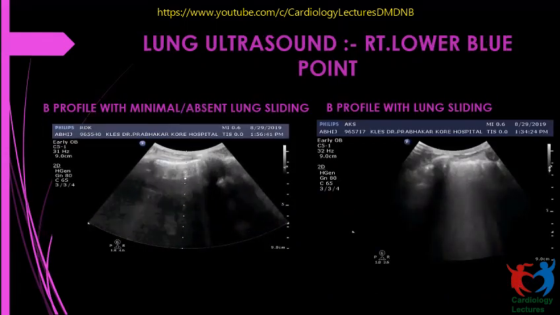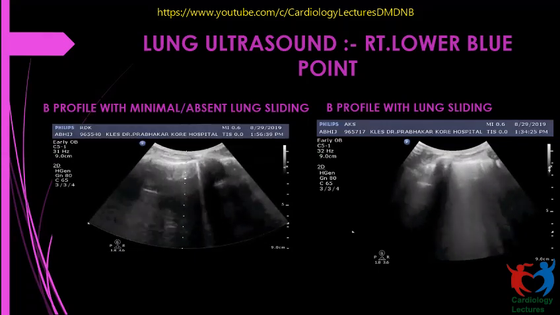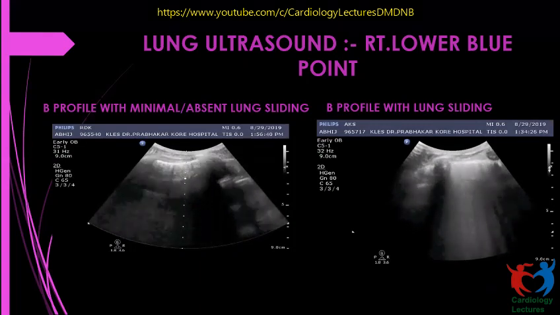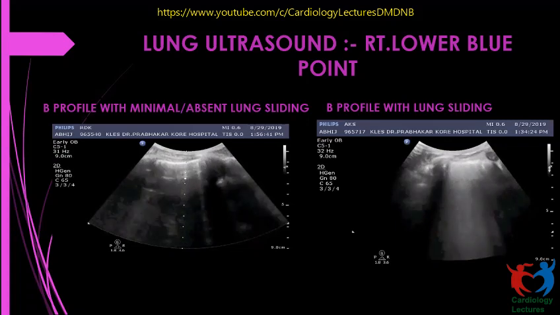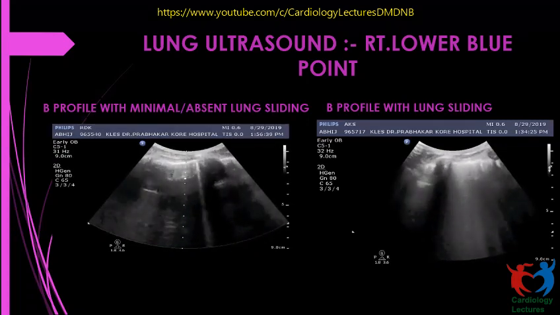If you can appreciate the first image, there is lung sliding which is very obvious, but there are multiple rockets emerging from the pleura. So this is a B profile with lung sliding, and in the other image the headings are reversed, I think.